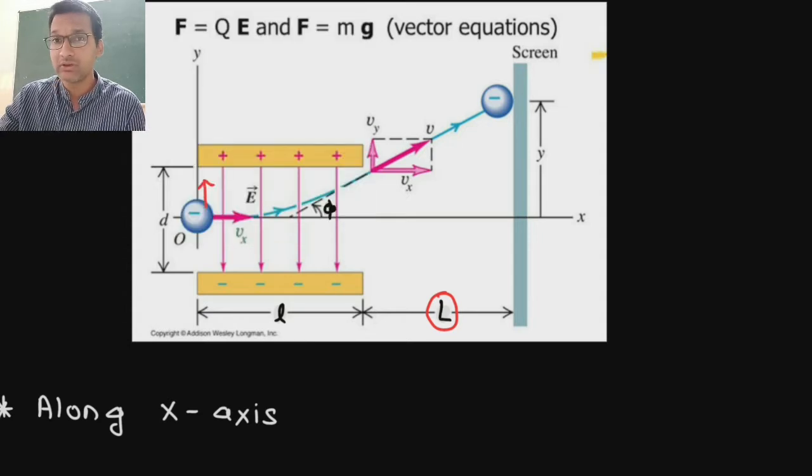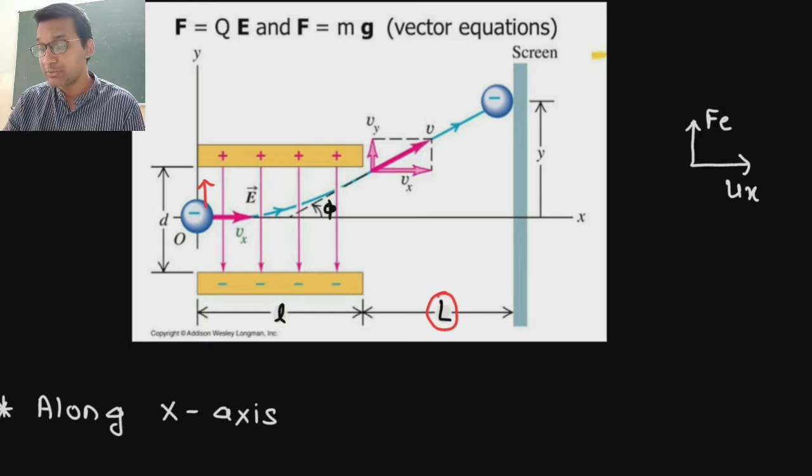Before we go into the derivation, try to understand that there is a horizontal component of velocity which will not be affected by the electric force, which is perpendicular to the velocity. So this horizontal component of velocity will remain same throughout the motion, whereas the vertical component will change up to the electric plates.